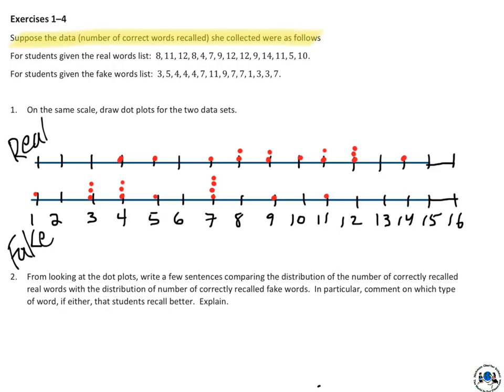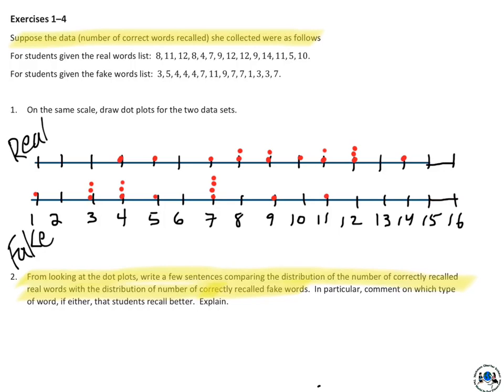Okay, well, here we go. Here's what my two dot plots written using the same scale look like. Hopefully yours looks exactly the same. That would be the ultimate. So from looking at the dot plots, I'm on number 2 here. Write a few sentences comparing the distribution of the number of correctly recalled real words with the distribution of the number of correctly recalled fake words.